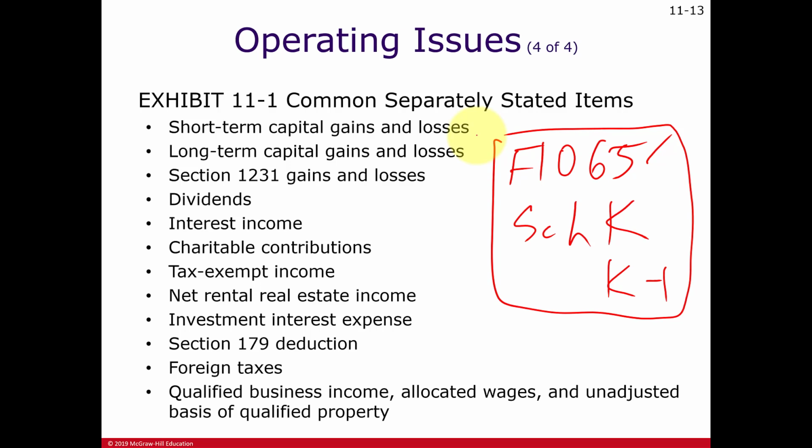Also, what you don't see here that you would see in the case of a partnership is self-employment income subject to self-employment tax, or the Social Security Medicare tax. Distributions, income from an S corporation to a shareholder, is not subject to self-employment tax. It's not subject to the Social Security Medicare tax.